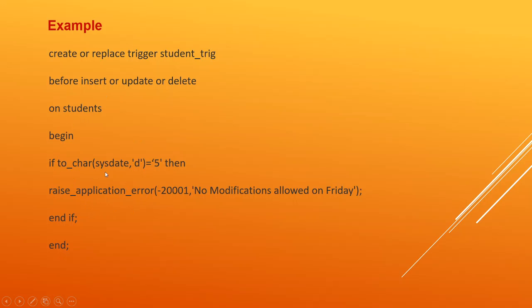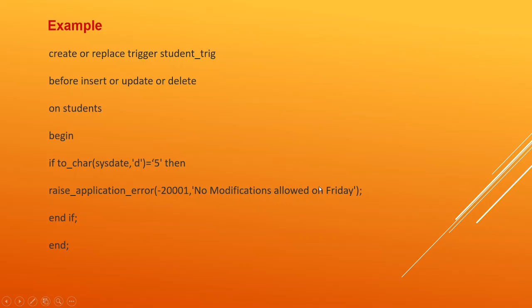All right. So this is a condition. This is a conversion function. And why did I give 5 here? Because the number associated with Friday is 5. So whenever it is 5, that means whenever it is Friday, you want them to stop. It should raise an application error saying that no modifications allowed on Friday.